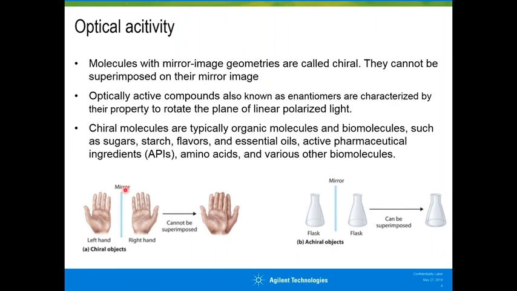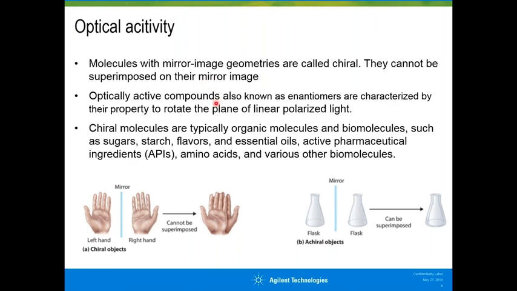If you see this image below, even though both hands are mirror images, it is not possible to superimpose them. They are asymmetrical. Whereas in the image on the right hand side, this flask is symmetrical in nature and can be easily superimposed. Hence, it is also called handedness, right-handedness or left-handedness, instead of calling them dextrorotatory or levorotatory.